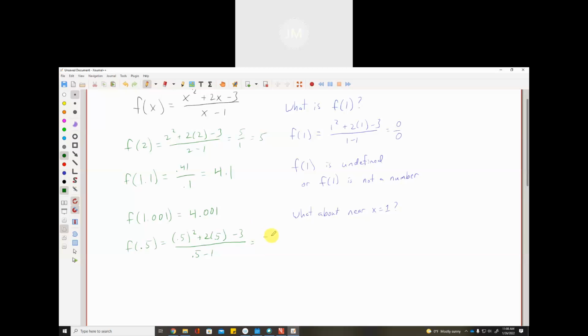Okay, so I get negative 1.75 in the numerator and a negative 0.5 in the denominator. And when I divide that, I get 3.5. Okay, let's try even closer to 1. f of 0.999. Turns out that I'll get 3.999.